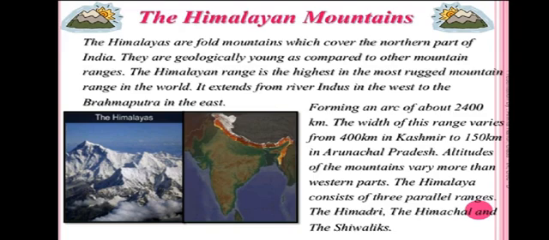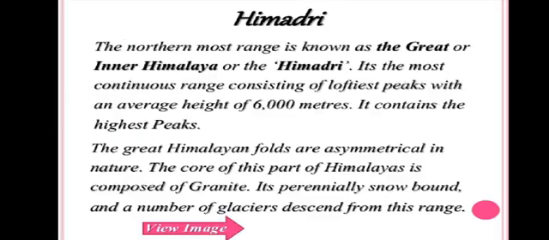Now it consists of three parallel ranges: Himadri, Himachal and Shivaliks. First one is your Himadri. The northernmost range is called Himadri. It is also called Great or Inner Himalayas.